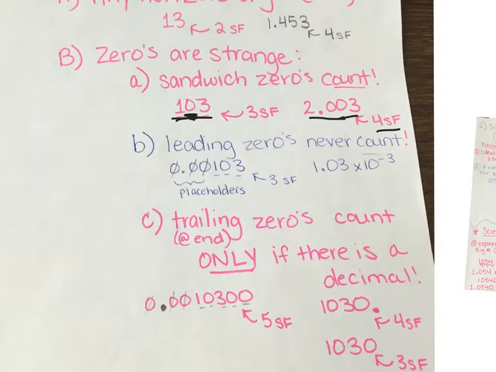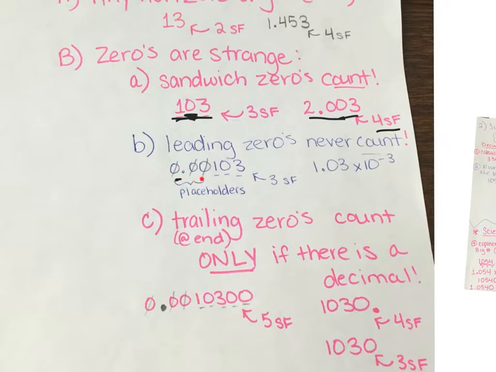The next thing is leading zeros never count, as in they are not significant. Leading zeros are not significant. So if I have 0.00103, this is only showing you 3 significant figures. And that's because these first 3 zeros that are right here, these are placeholders.